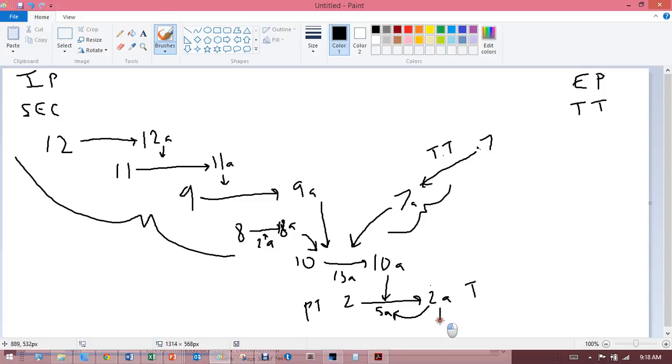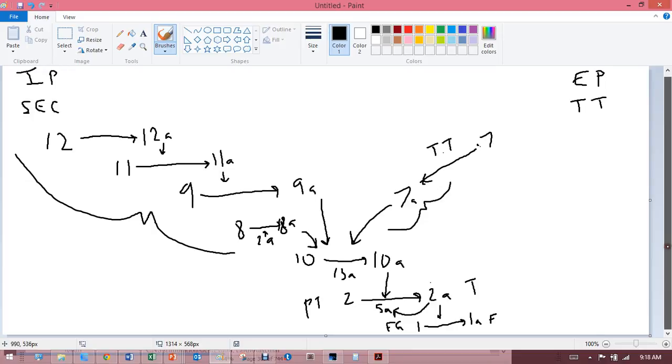And 2A activates 1 to become 1A. Another name for 1 is fibrinogen, and another name for 1A is fibrin. Kind of a complicated little thing we're working with.